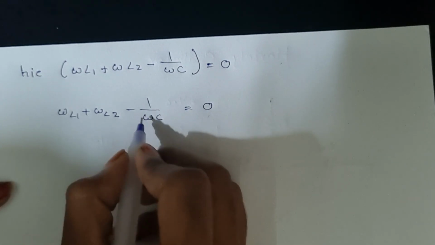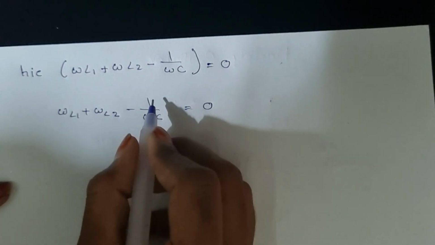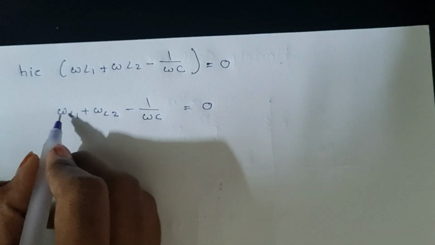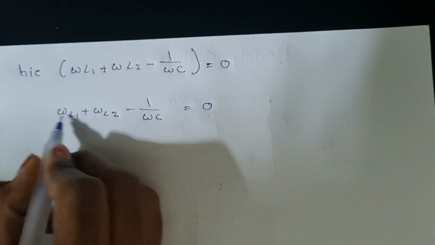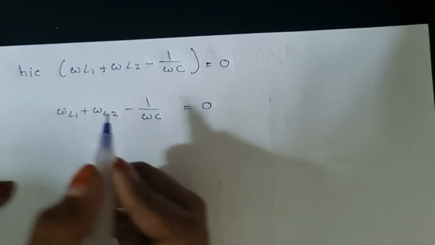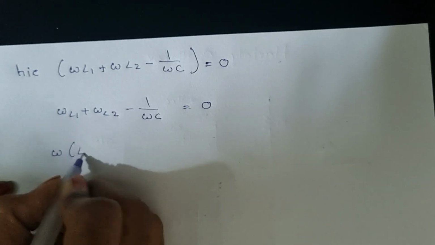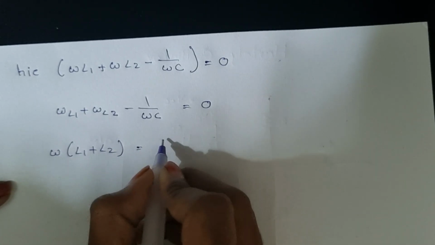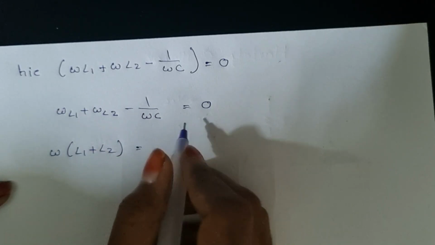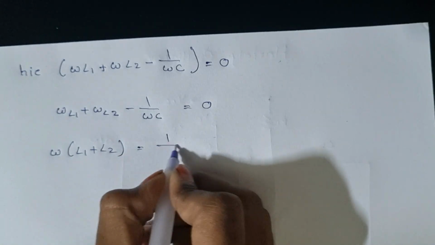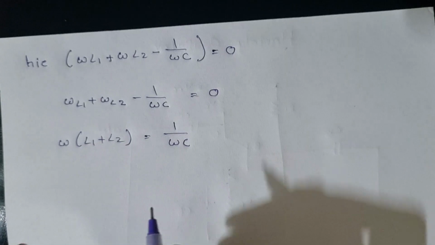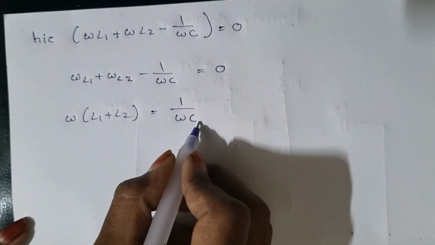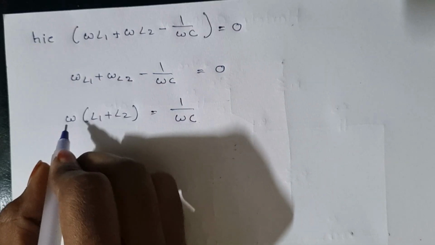Now we'll send this minus 1 by omega C to the right hand side, and we take omega as common because omega is common in both terms. So omega into (L1 plus L2) equals, here minus, when it comes to the right hand side it becomes positive, so 1 by omega C. Now we send this L1 plus L2 to the right hand side and this omega to the left hand side.